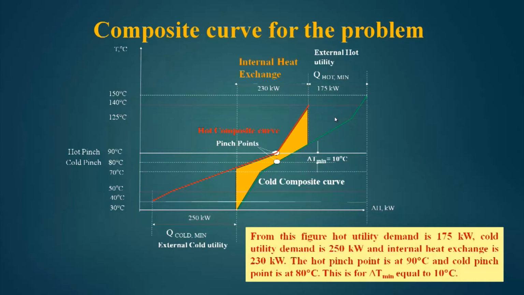The hot pinch is at 90 degree centigrade and the cold pinch is at 80 degree centigrade, and all these values are for delta T minimum equal to 10 degree centigrade. If I change the delta T minimum value, these values will change, that means 175, 250 and 230, and the hot pinch and cold pinch temperature will change.